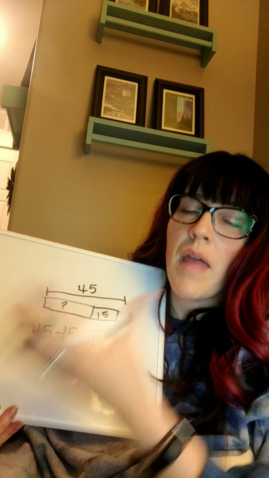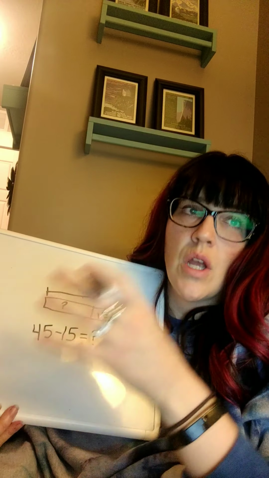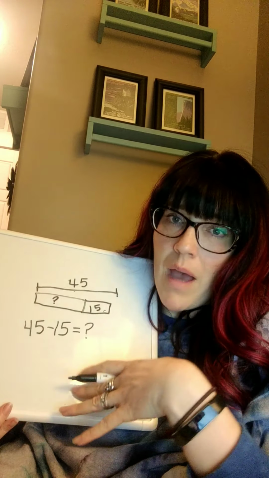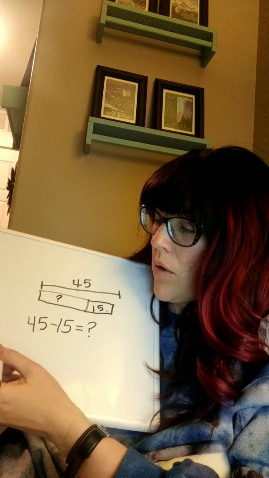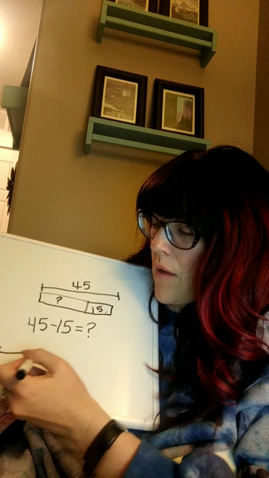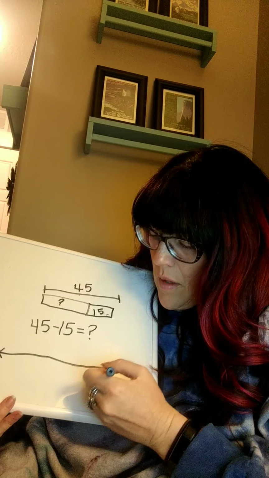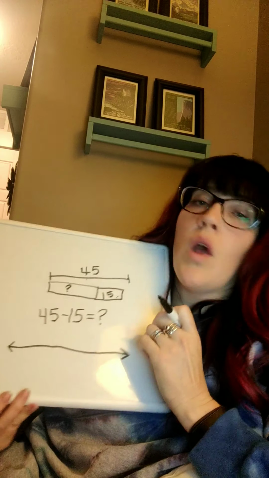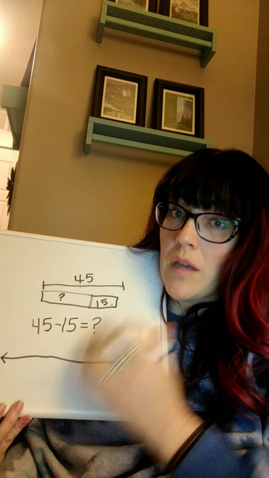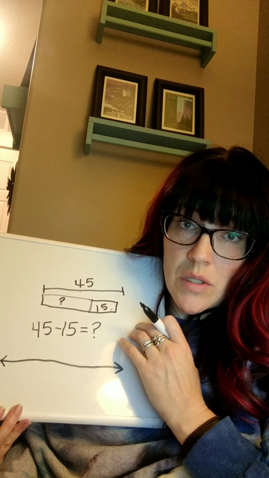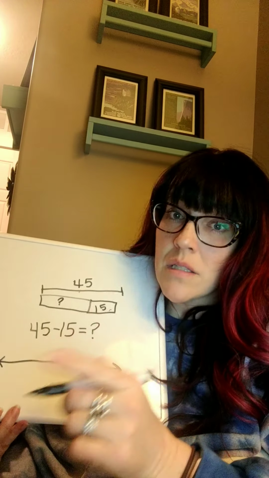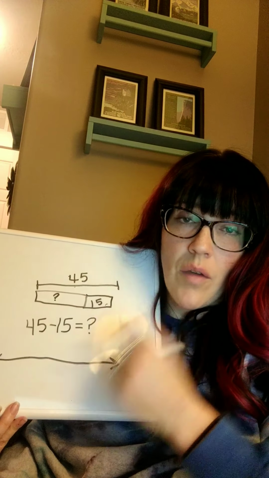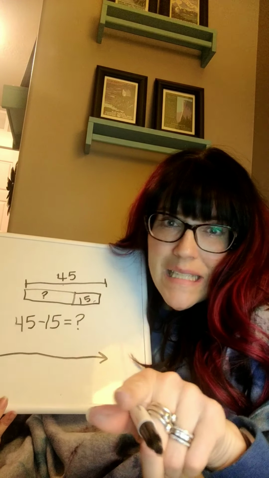Okay, so what would that look like? How would we match? What would the number line look like that matches the story in the model? So I want you to draw your number line, and based on what we've done, what would your number line model look like to match the story situation and the equation? Okay, so you're going to pause, you're going to write it down, and then we're going to check it. Okay, ready, and pause.